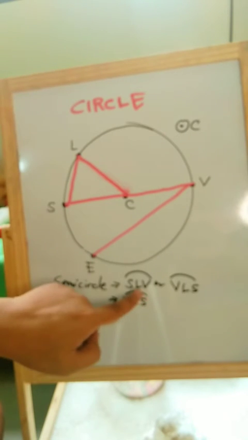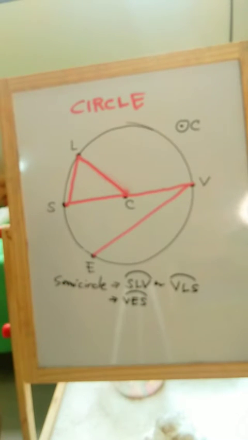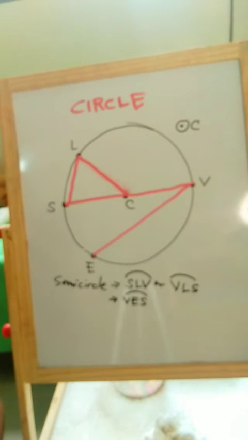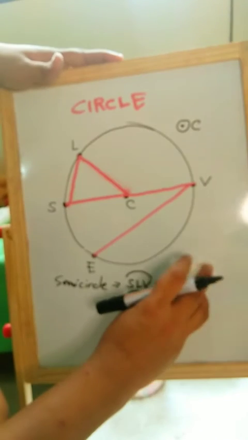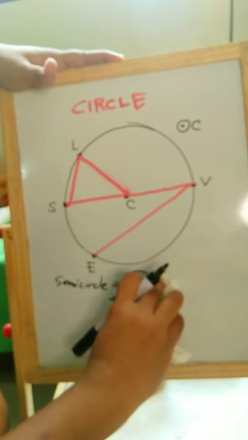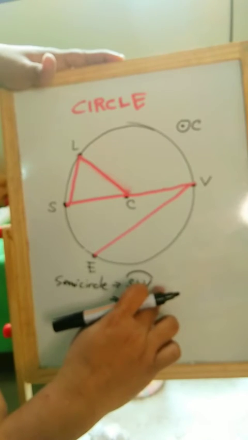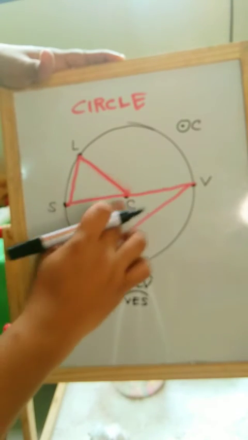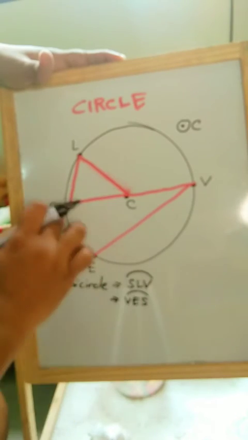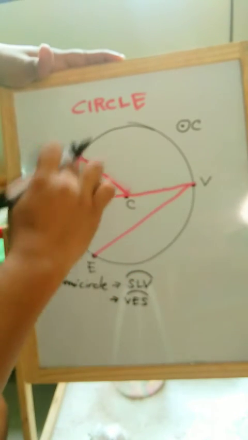Okay. Bakit kailangan natin yung third letter na to? The third letter indicates the direction of your arc, kung saan papunta. You cannot just name it as LV. Sa case na to, kailangan tatlong letters kasi dapat ma-determine kung saan direction. Kasi pag sinabi mong SV, what SV are you pertaining to? Ito bang nasa taas o yung nasa baba?